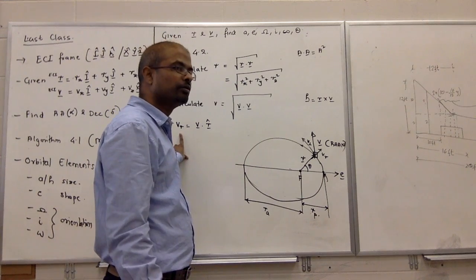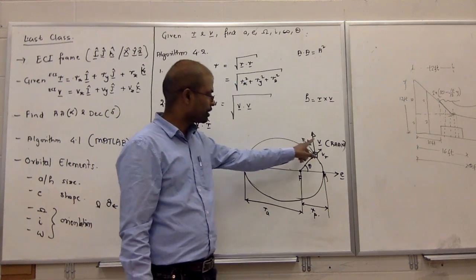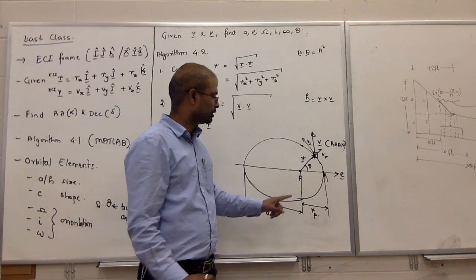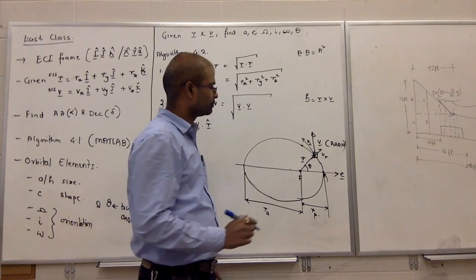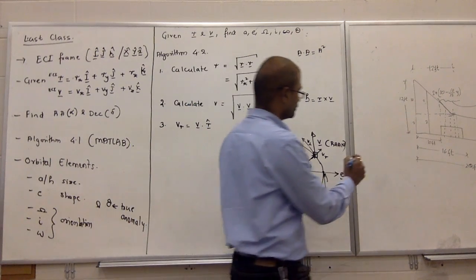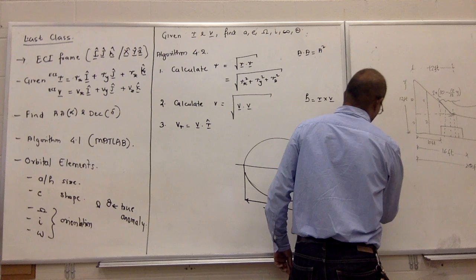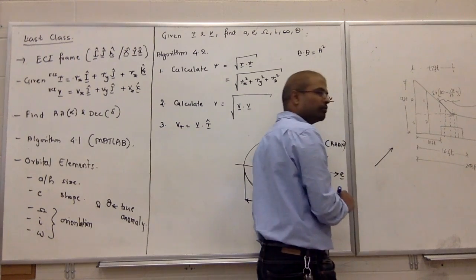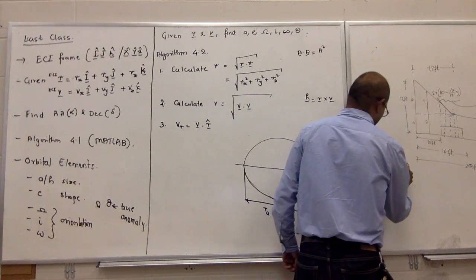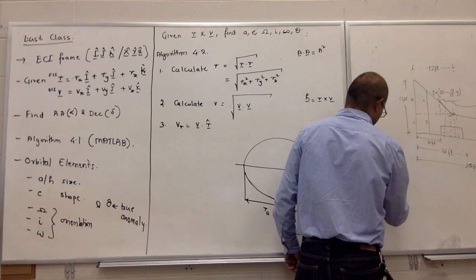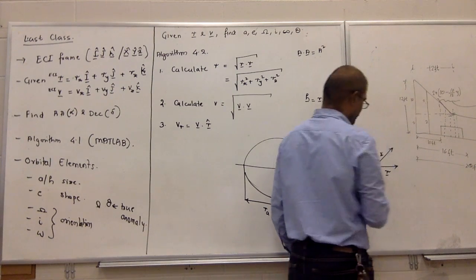VR is the projection of V, what is the R direction? So think about this. You have a vector V. This is your R direction. Okay? This is V direction.